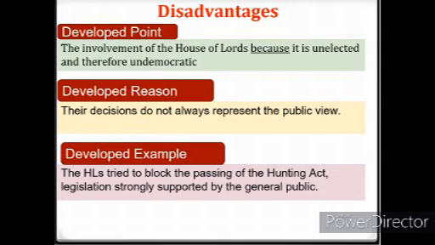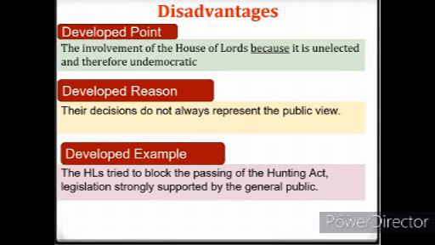And finally, another disadvantage is the House of Lords. Yes, I know I said earlier in the lesson that the House of Lords is an advantage because it provides expertise and checks and balances. But remember, it is made up of unelected people. So the argument is the House of Lords is undemocratic. We don't vote for them.